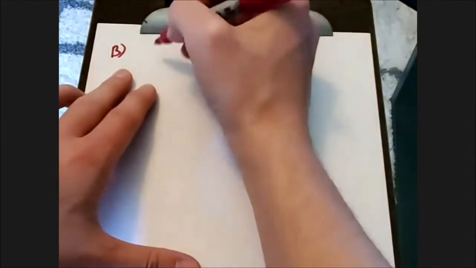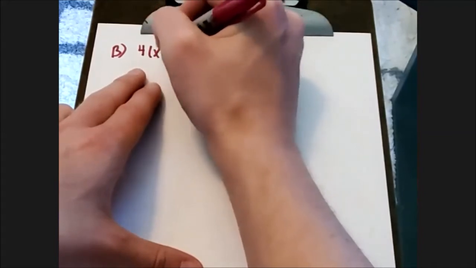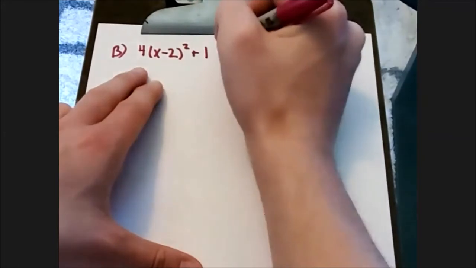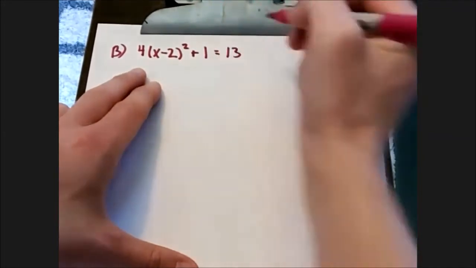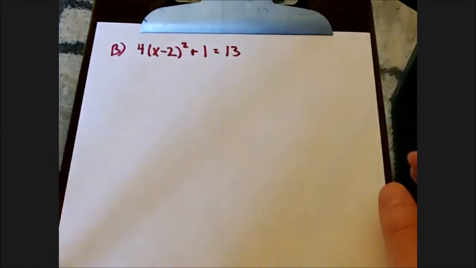Let's do another one of those where we have an opportunity to use a square root. So we'll do 4 times quantity x minus 2 squared plus 1 equals 13.